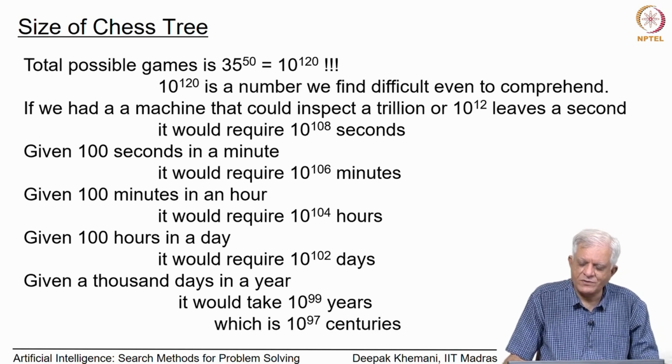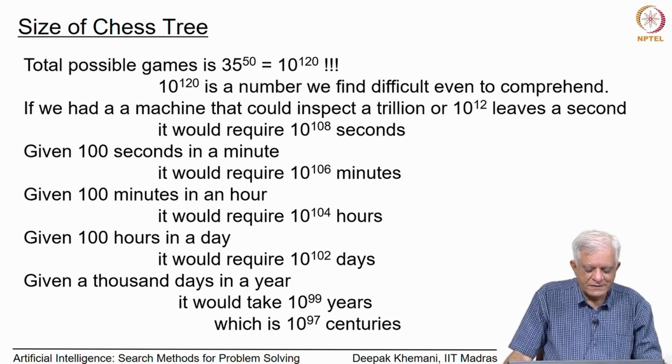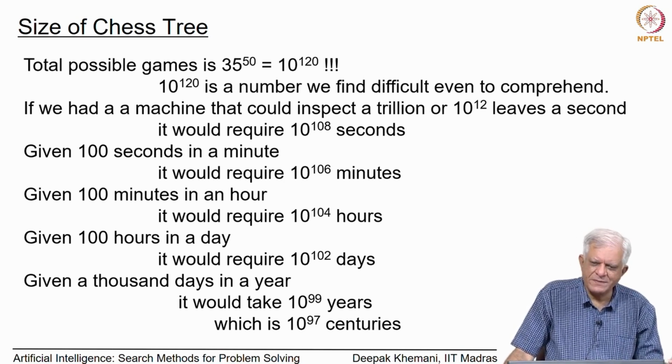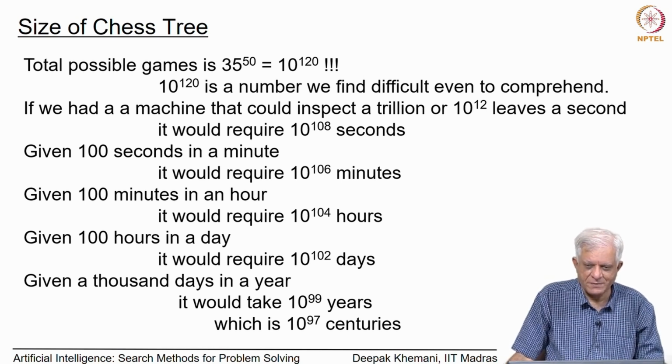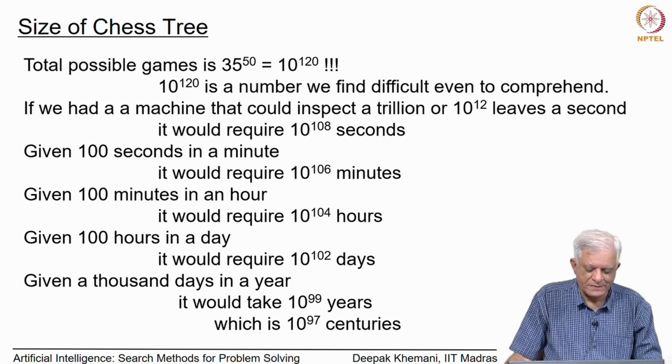So, let us compare it to the size of the universe, for example, and it is estimated that the universe has about 10 raised to 75 or 10 raised to 80 fundamental particles, and if each of them were to be a supercomputer which could inspect a trillion leaves in a second, then what would happen?